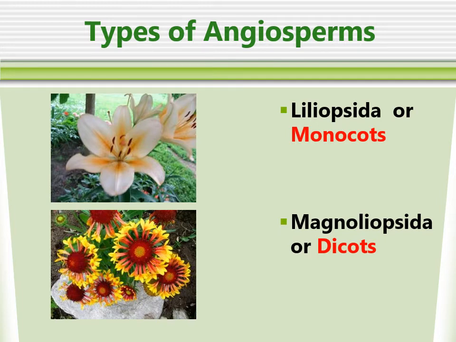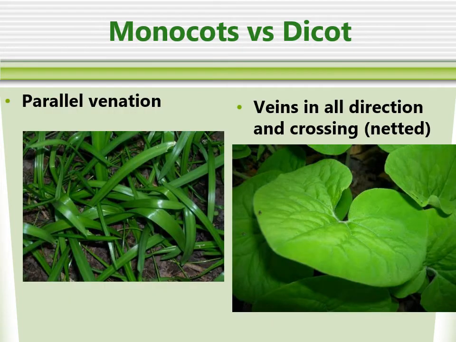To help you remember, as you go through the lessons, you'll see lilies are an easy example of monocots. The name lily might help you remember that Liliopsida is another term for monocot. We'll come back to that as we go through the term for sure.